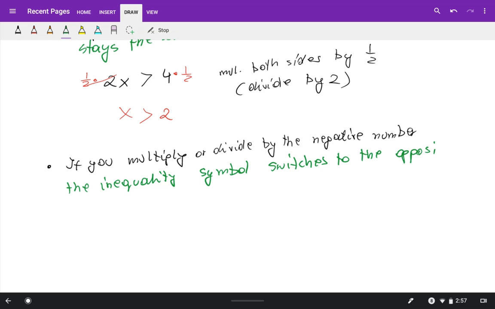Reverse. Let me just put reverse, because that will sound better.